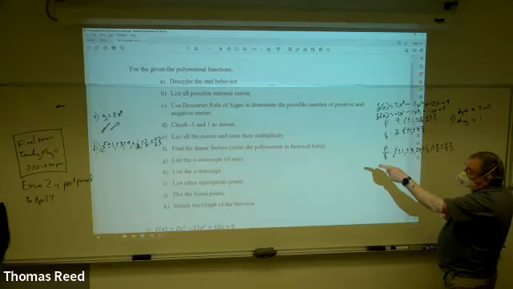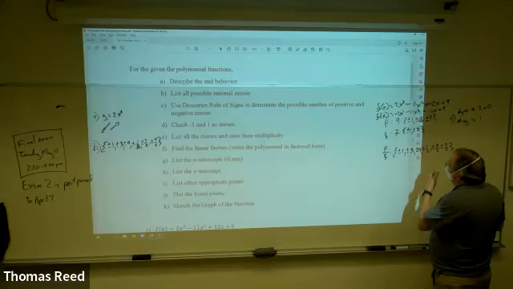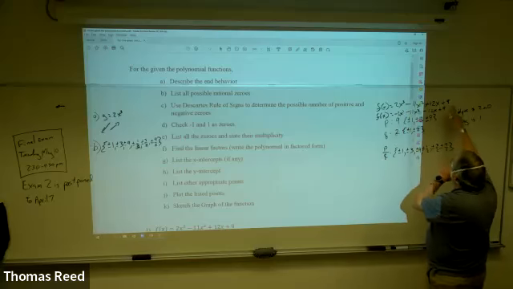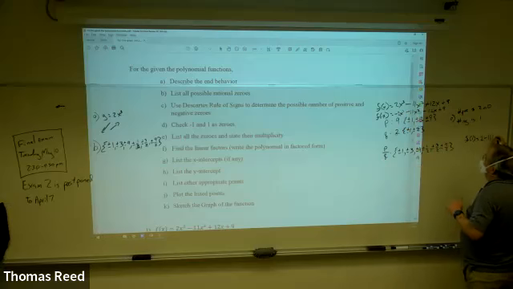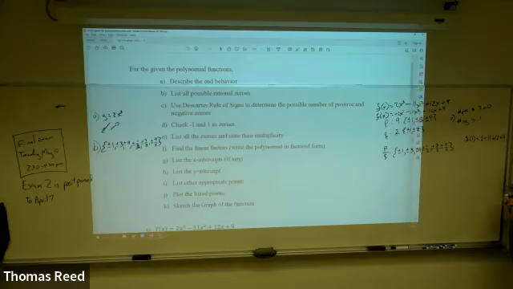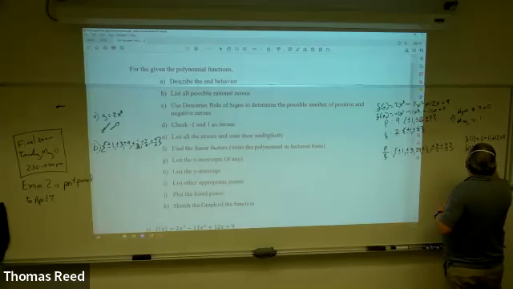Now to check if negative 1 and 1 are zeros, I can put 1 in for x and find out that f of 1 equals 2 minus 11 plus 12 plus 9. And that in fact does not equal 0. What does that equal? 12. So f of 1 equals 12.